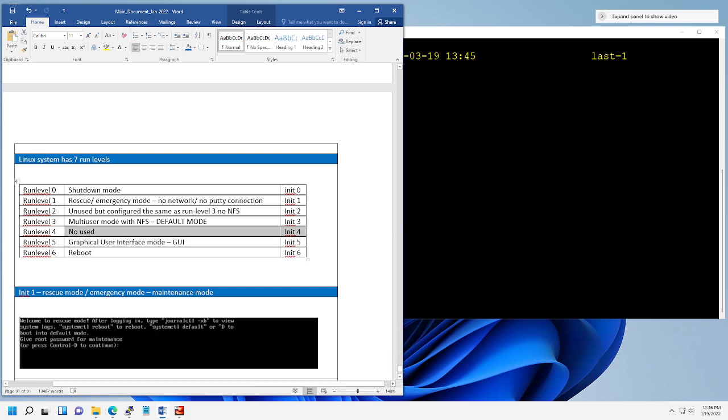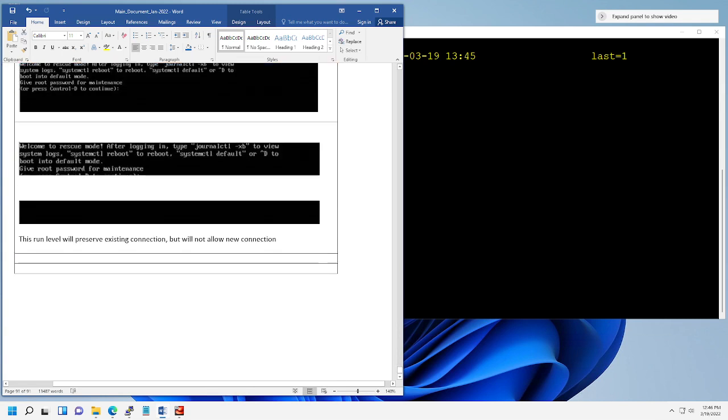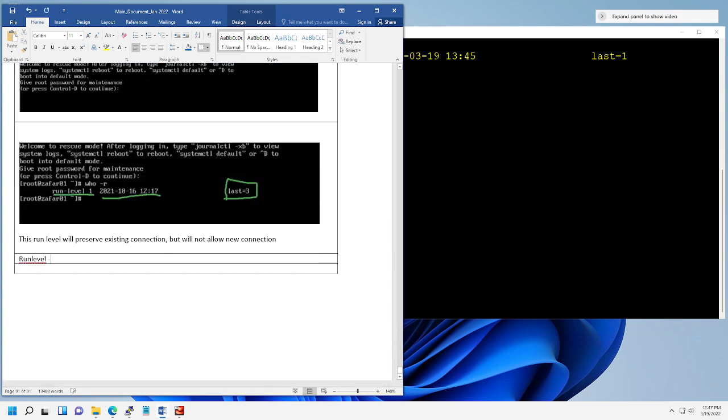And run level 3, we've been in run level 3 all along, throughout the class. This is called multi-user mode. Multi-user mode means many people can connect at the same time.